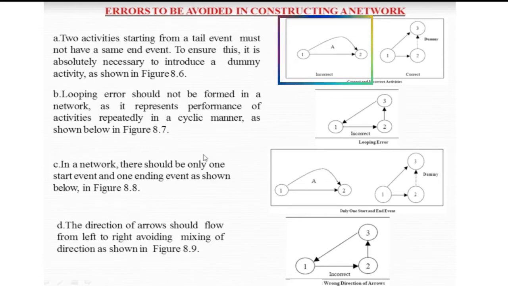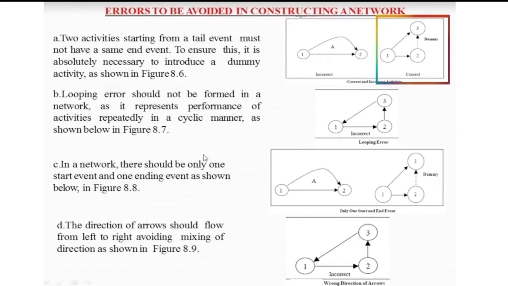It should not be like that. In this case, you have to introduce a dummy. So the correct representation is this one. It started from event 1 and the activity goes to 2, and then you introduce a dummy to 3, and then another arrow from 1 to 3, which is the activity from event 1.